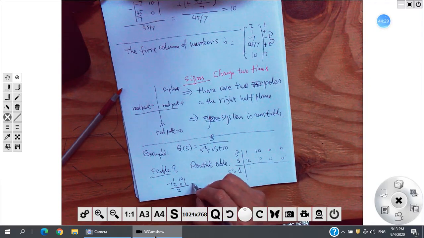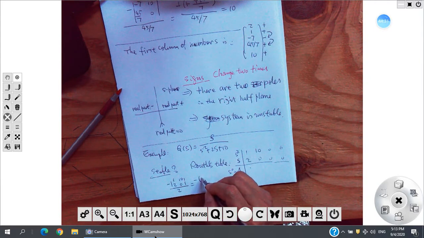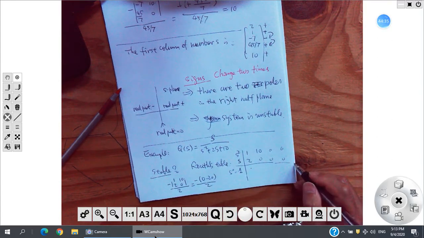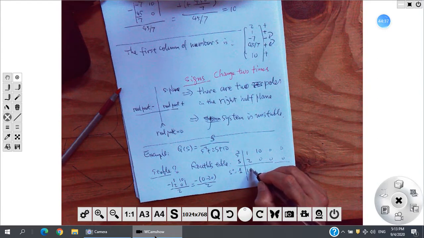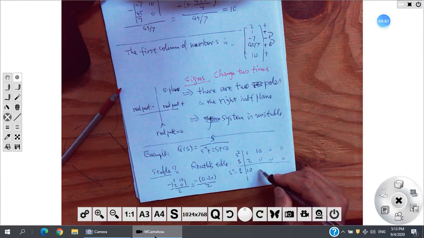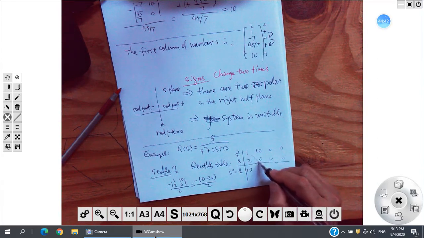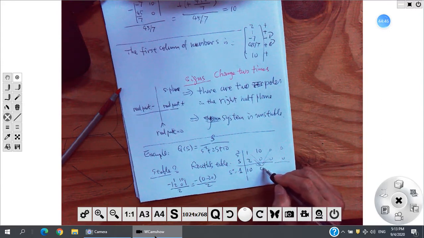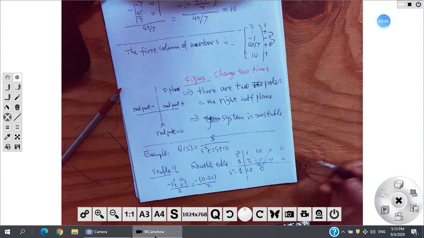So this is negative of 0 minus 20 over 2. That's 10, right? So here's a 10. And if you want to calculate these, you need to use these 4 numbers. You get 0, right? Okay, you're done.